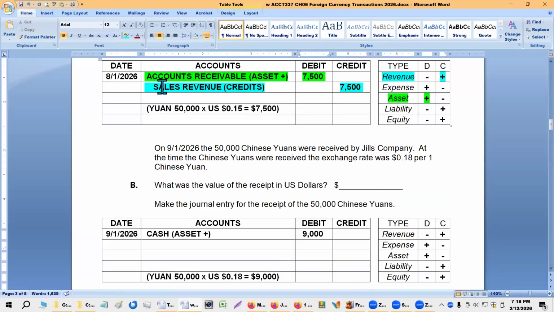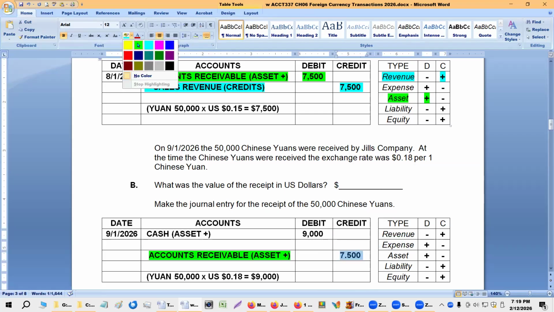Gain. Yep. So balance receivable on 7,500. And yeah, we had a $1,500 gain on translation. I should say translation gain, I think is the terminology.